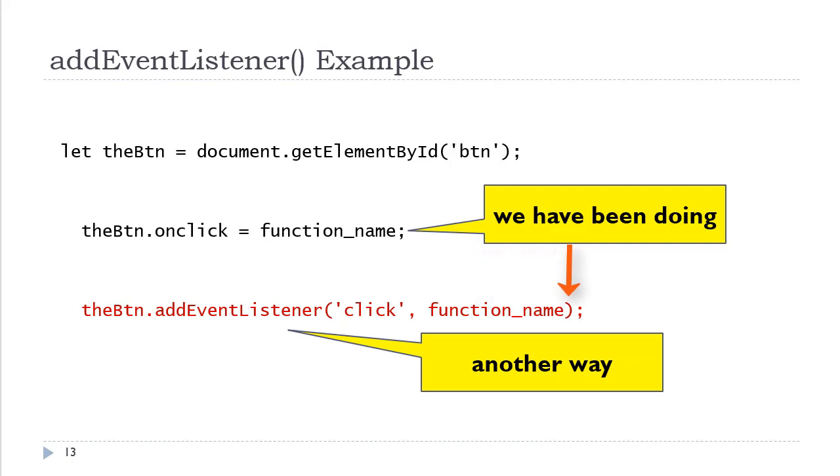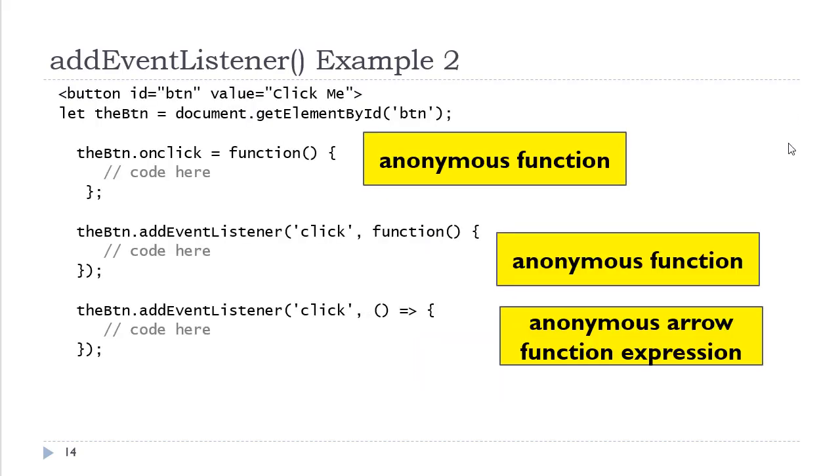Notice we do not need a third parameter because we are taking the default, and in the event that we have a parent-child relationship where several of the elements have the same event assigned to them, we will be using the bubbling model. Now I have several examples using the anonymous function.